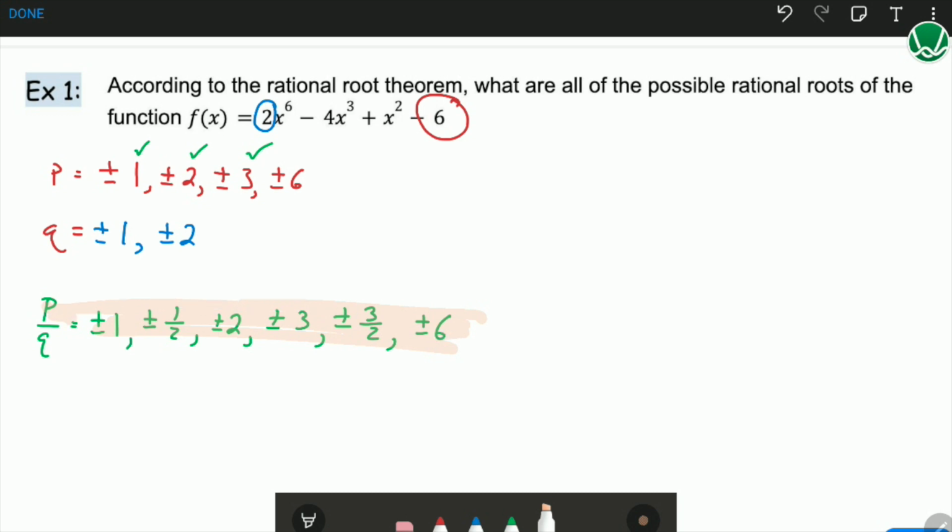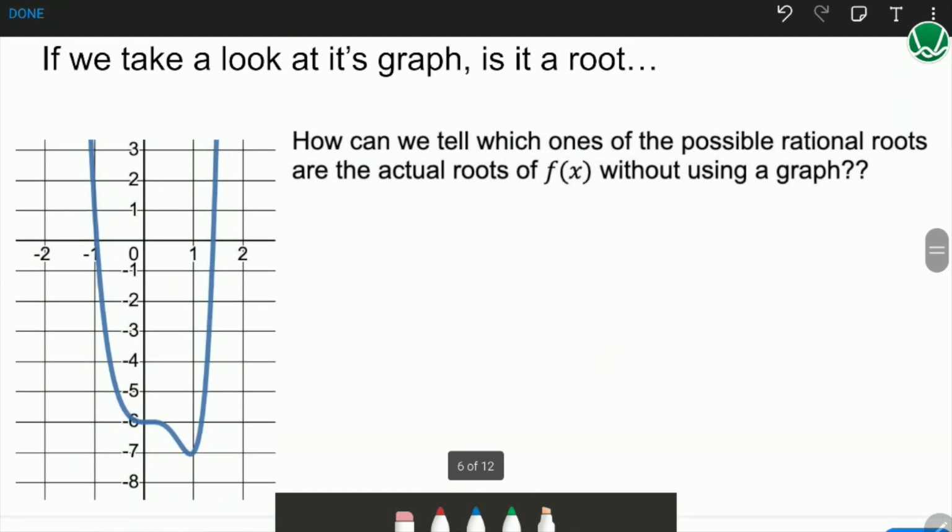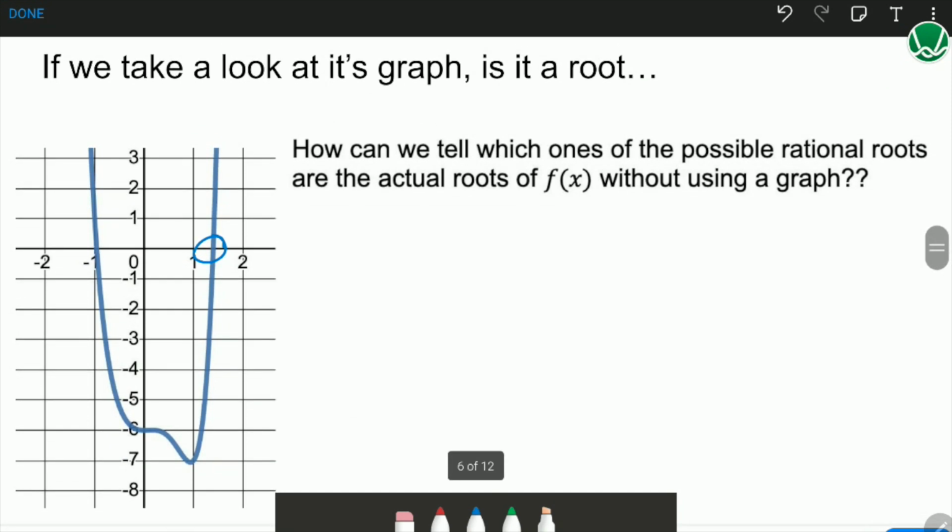But just to pose a question, how do we find which ones are the actual roots? If we look at a graph of this function, so I have one down here, you can see that this one's not a whole number, so that would be hard to tell if it's on that list. And that looks pretty close to being -1 right there, but I'm not sure.